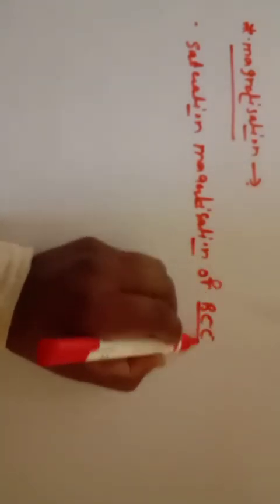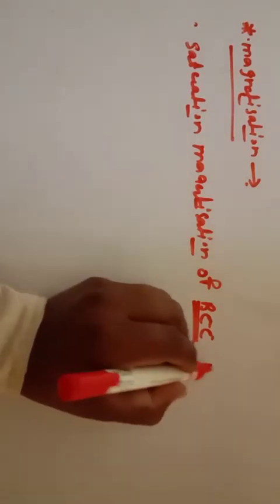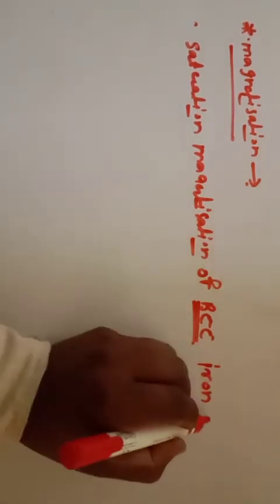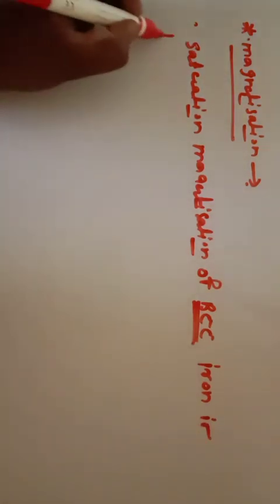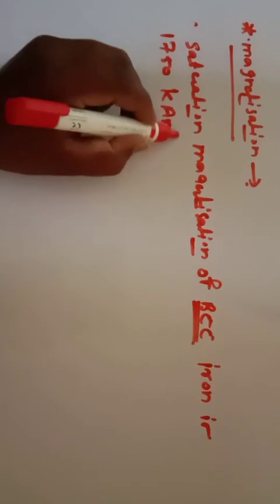The numerical is, what is given? They have given the saturation magnetization. Saturation magnetization of BCC, body centered cubic lattice iron, is 1750 kilo ampere per meter.